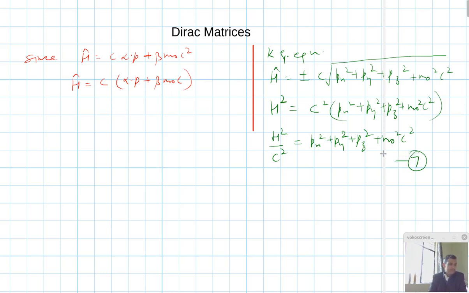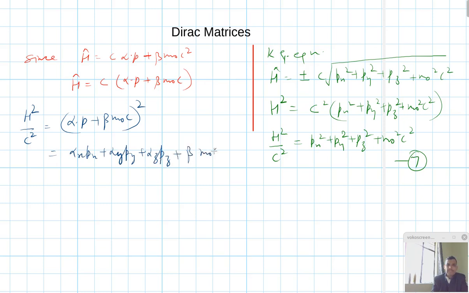So that means if I look at this part, from here I can calculate H square upon c square. H square upon c square is equal to alpha dot p plus beta m naught c, its whole square. Let me try to simplify it: alpha x px plus alpha y py plus alpha z pz plus beta m naught c, its whole square, and say it is equation number 8.